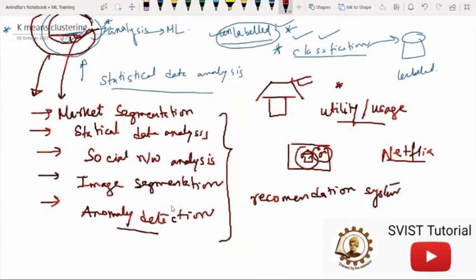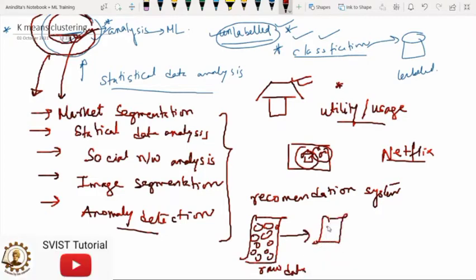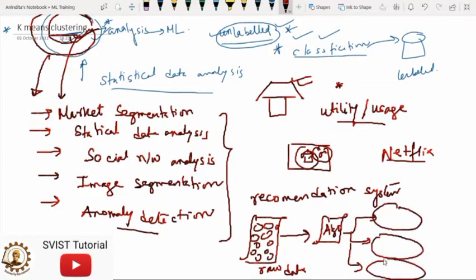So what happens exactly? Whenever you are watching some specific set of web series, say crime, thriller, these are considered raw data for Netflix, and they employ a classification algorithm over here. According to this algorithm they find what specific categories of movie you are watching.